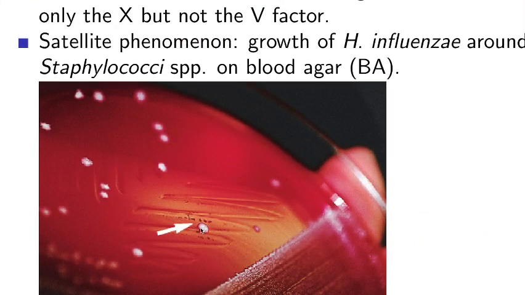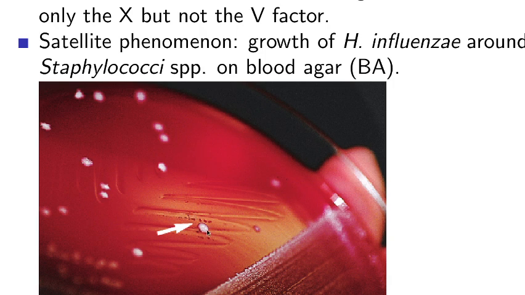And here at the arrowhead, we can see the small colonies are only seen around the beta hemolytic staphylococci, not all other staphylococci which are not beta hemolytic. Why is that? Because by hemolysis we can now have the V factor, because the X factor is already available in the blood.